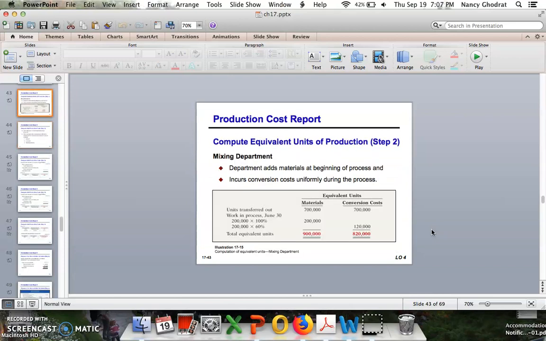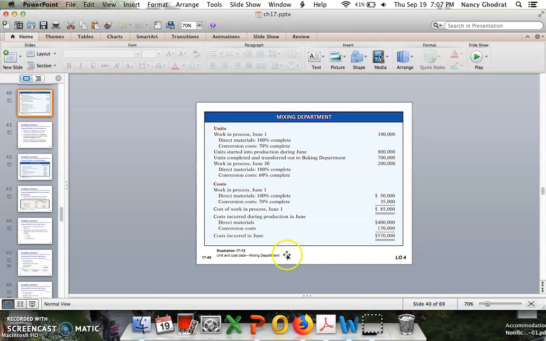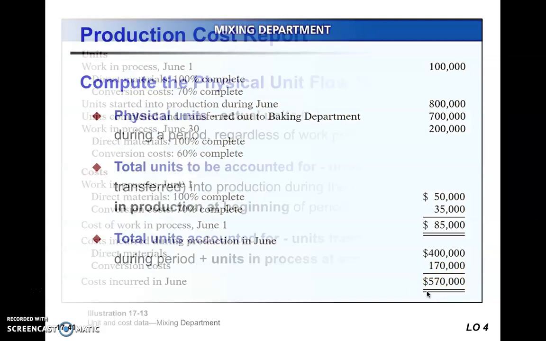So let's go back and show you where I got the numbers. In the facts, they told us they spent 655,000 in total, which is the 85,000 plus 570, and that's how we came up with 655,000.